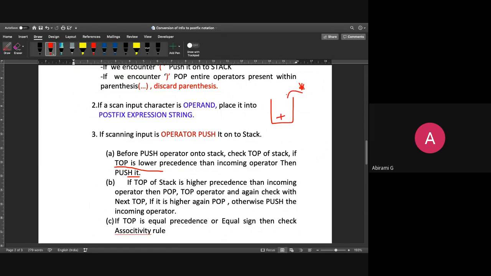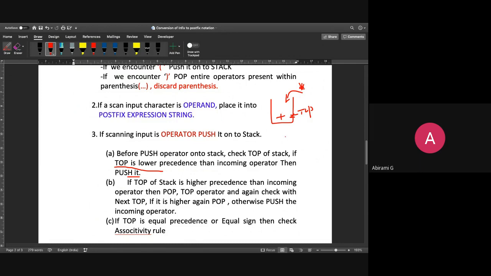If the stack is empty, we can place the star here. If the stack has some operators, then we have to check the top of the stack. So here the top of the stack is a plus. The rule is, before placing the operator, always keep the higher precedence operator over the lower precedence operator.